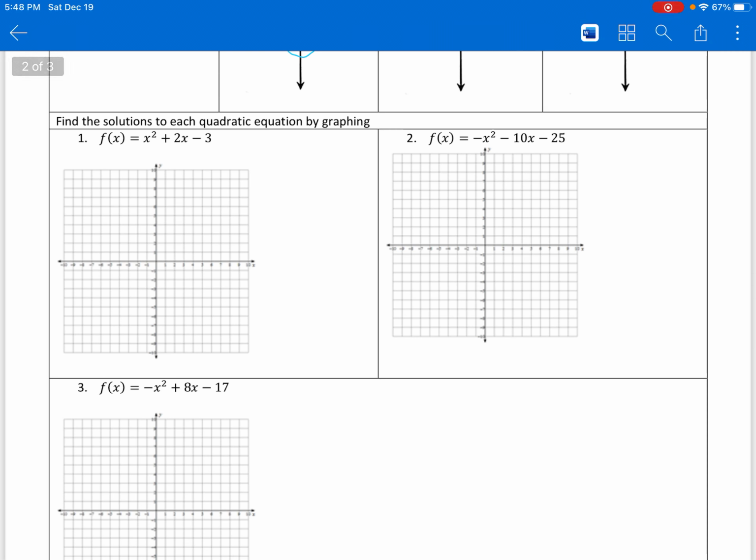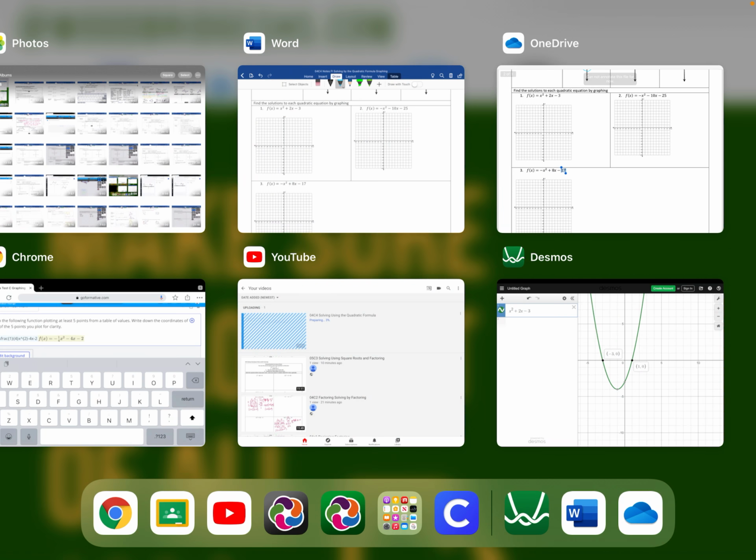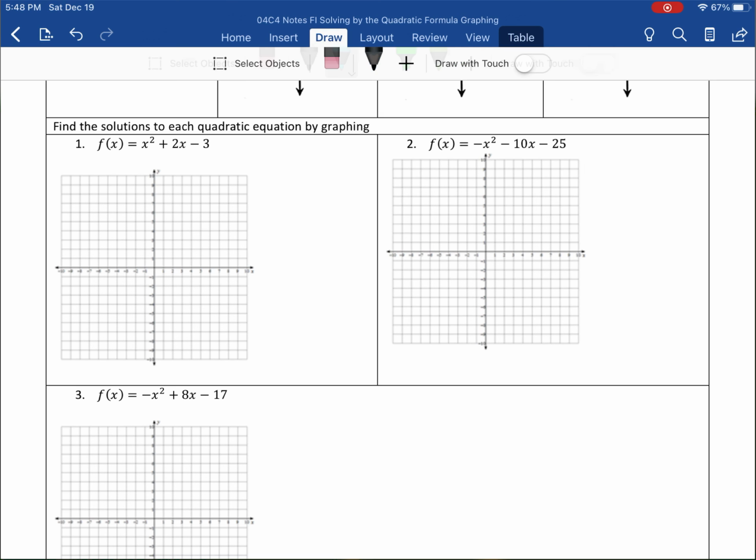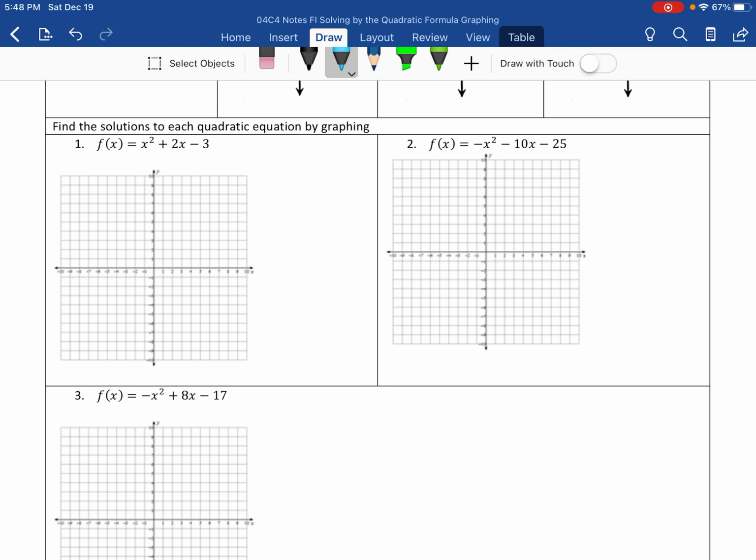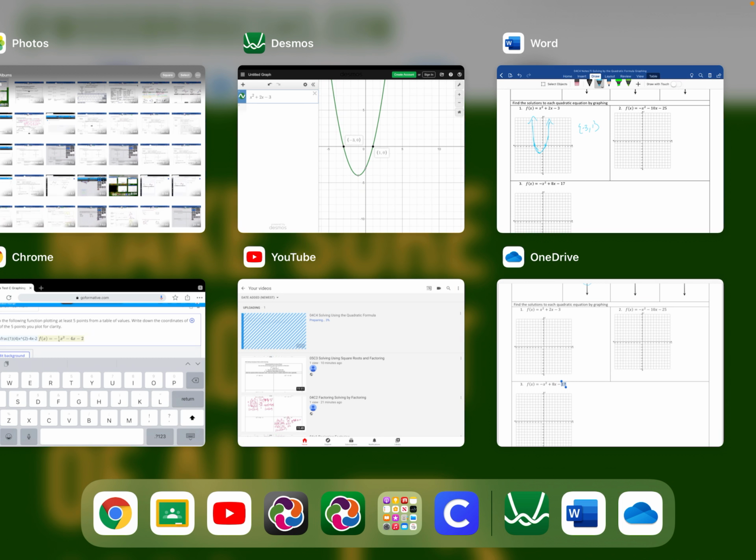So if I were actually asking you to do this, my graph would kind of look like this. If I were to ask you to show work, I'm not too stressed out because I'm not asking you to graph, and so -3 and 1 would be my solutions.